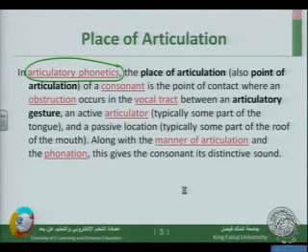The place of articulation, also called the point of articulation, of a consonant is the point of contact where an obstruction, هذه كلمة مهمة، أو restriction اللي أخذناها قبل شوي, occurs in the vocal tract between an active articulator, typically the tongue, and a passive location, typically some part of the roof of the mouth. فهو عبارة عن the point of contact، اتصال، where an obstruction, معوقات, occurs in the vocal tract between the active articulator اللي هو اللسان والفم.